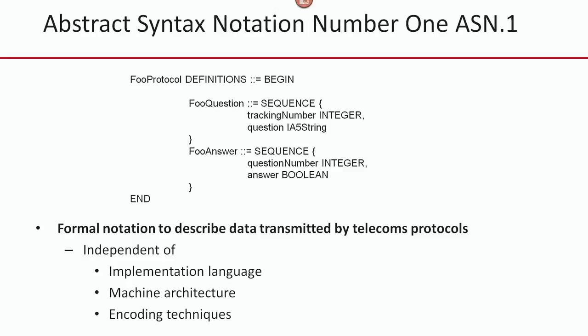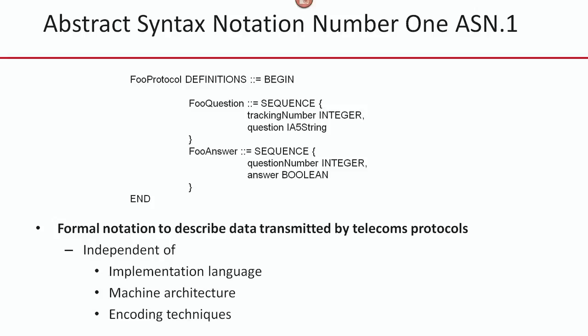Also there is a syntax called ASN.1, or Abstract Syntax Notation number 1, and this is a formal way of describing data that's going to be transmitted by telecoms protocols. So this is a way of describing how our communication protocol is going to work. If we're implementing our own raw sockets, we can use this to define how we're going to packetize our data.